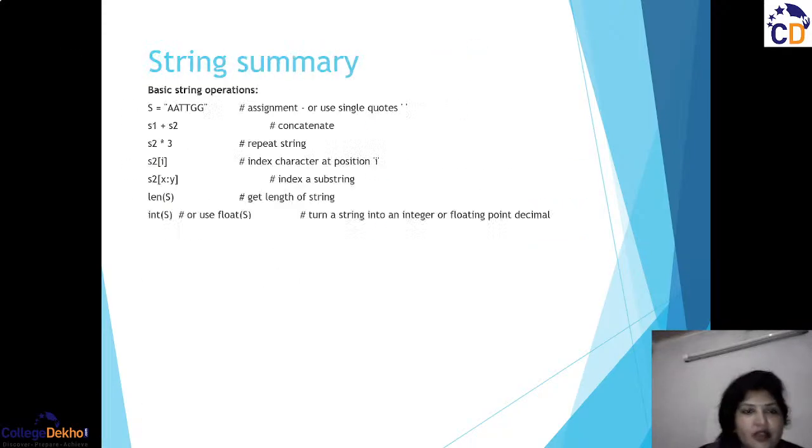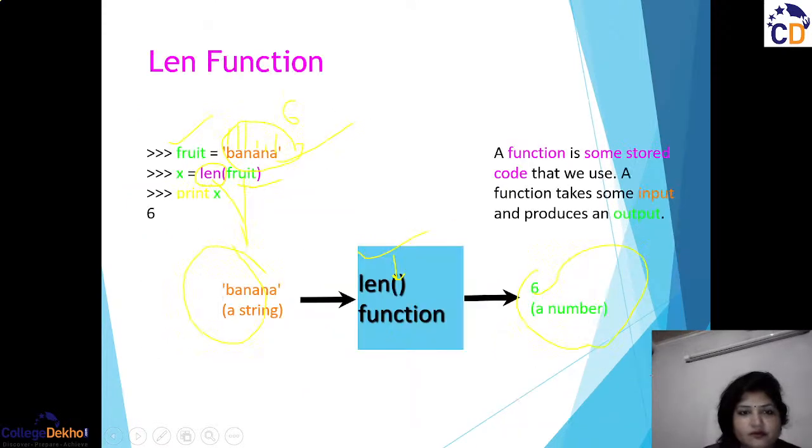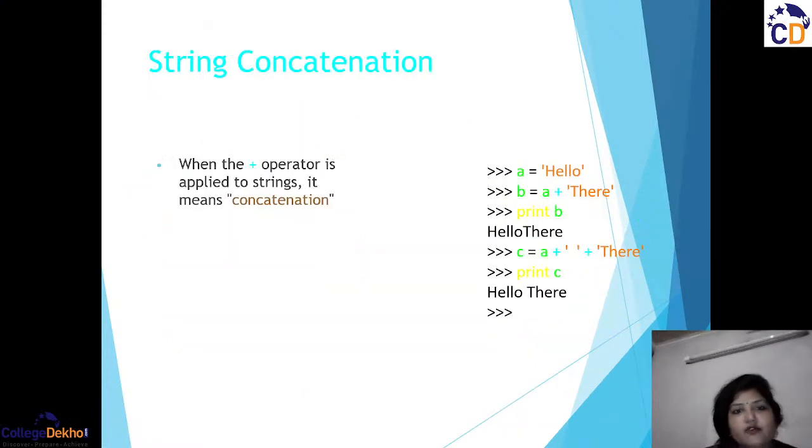So here we have a plus sign. A variable is holding a string value, that is hello. B variable is basically a concatenation between two variables.